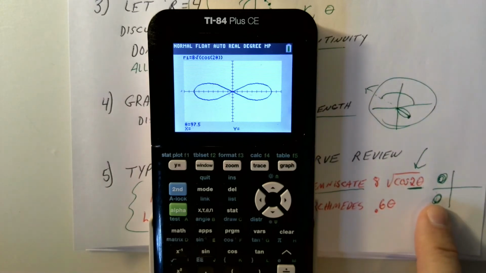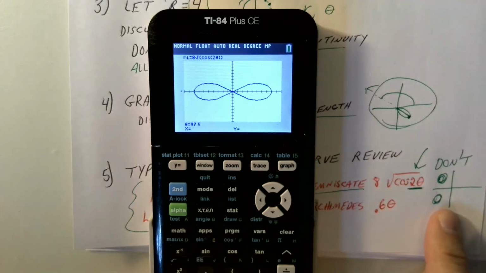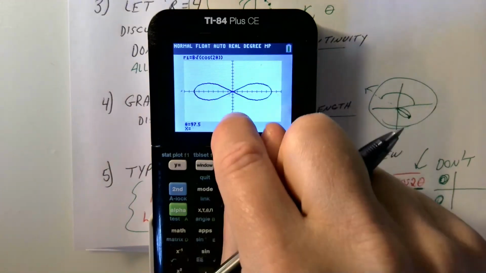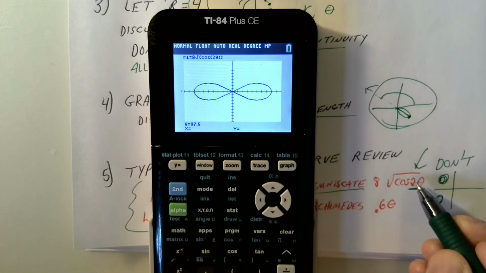And what's the value of cosine in this quadrant or this quadrant? Well, it's negative. Well, how do you square root a negative? The answer is you don't. And that's why this thing looks like this. Normally it would have a petal up here and up here, except those values in that lemniscate curve are undefined.